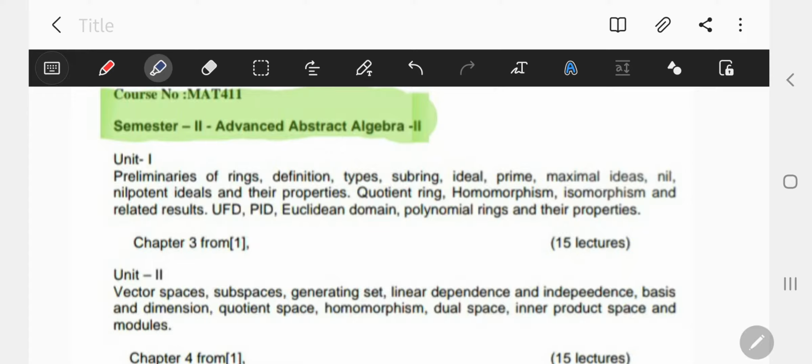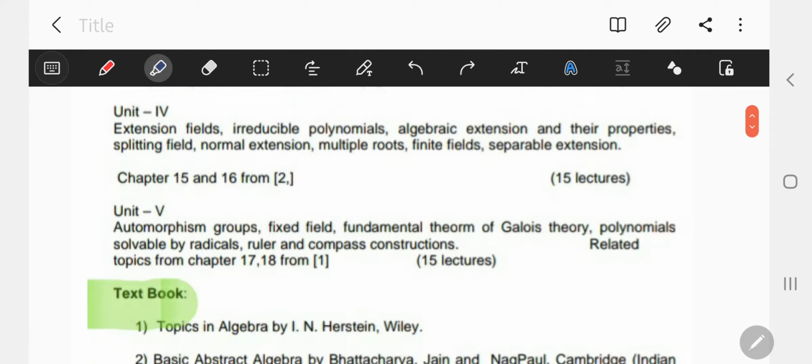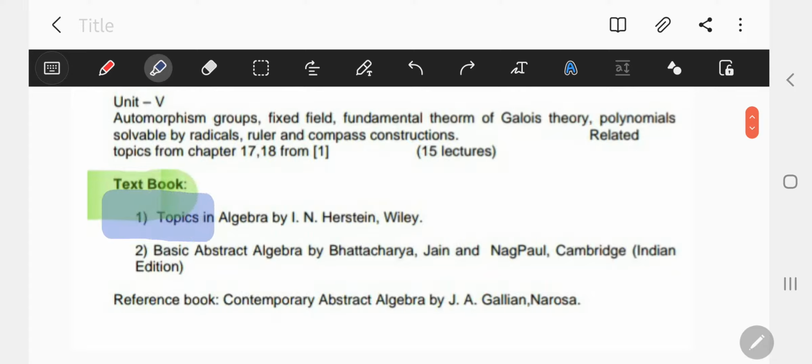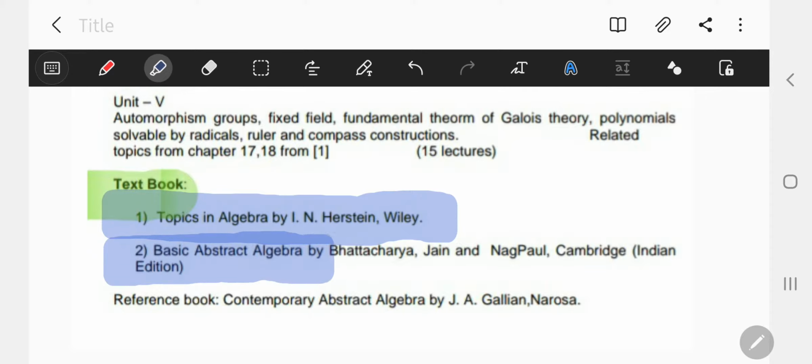Previously, I was telling about the papers and their textbooks and some chapters in between them. For the first paper, that is Advanced Abstract Algebra second, there are unit first to unit 5 and we use the textbook Topics in Algebra by I.N. Herstein, and the second textbook is Basic Abstract Algebra by Bhattacharya, Jain and Pal.